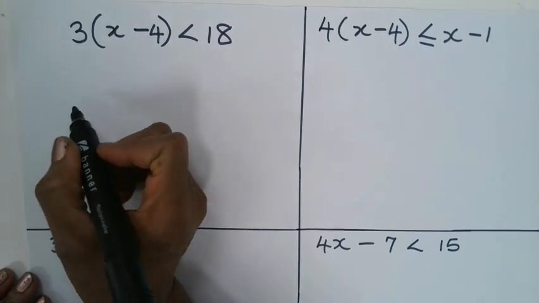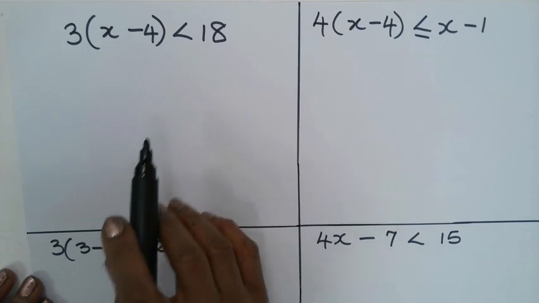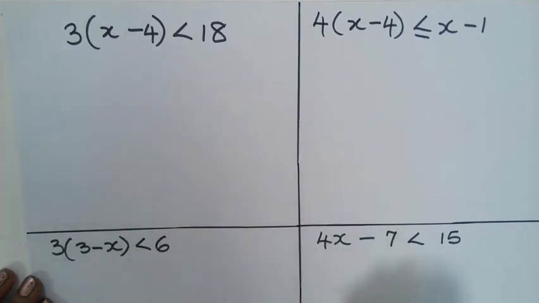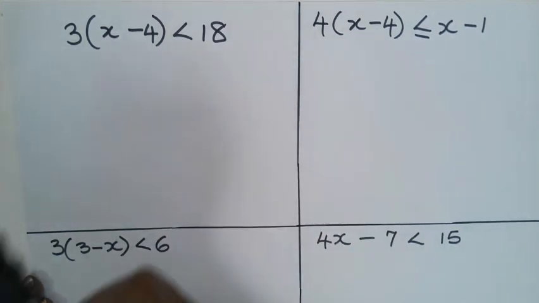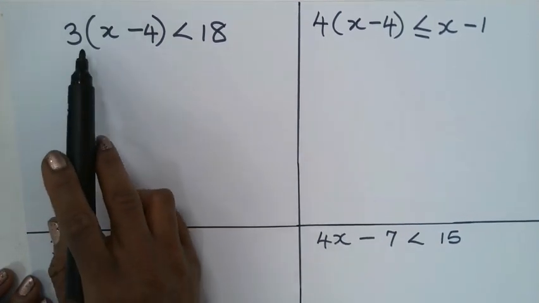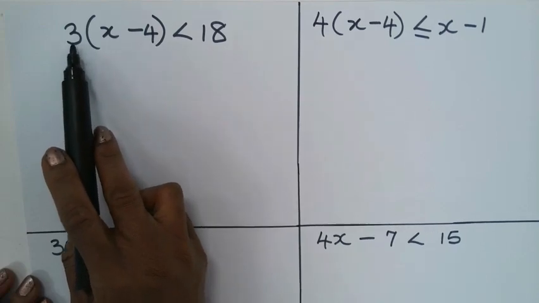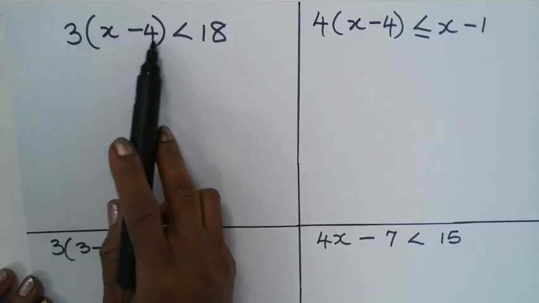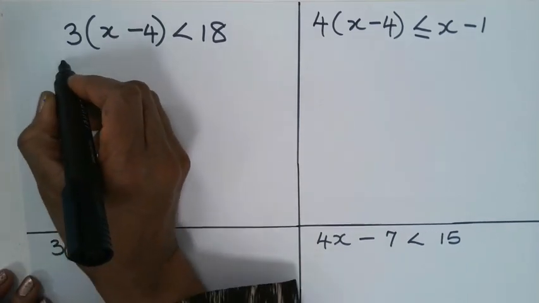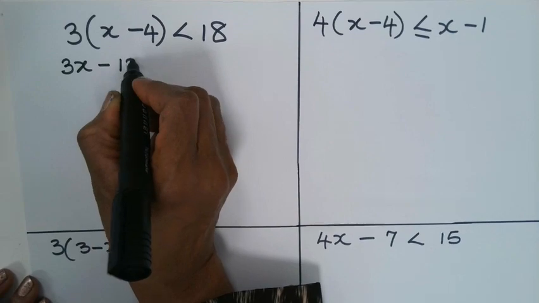So you can go back and look at how you can show the answer on a number line. Okay, so now the first thing we do for this type of question is to expand. So expanding, we're going to use the number on the outside to multiply the number in the bracket. So we've got 3x minus 12.